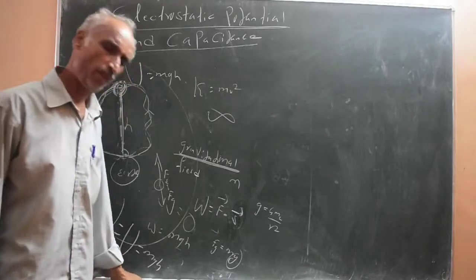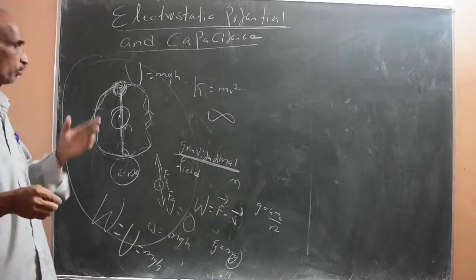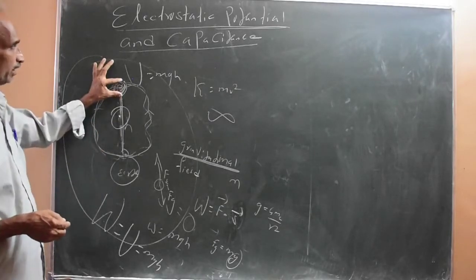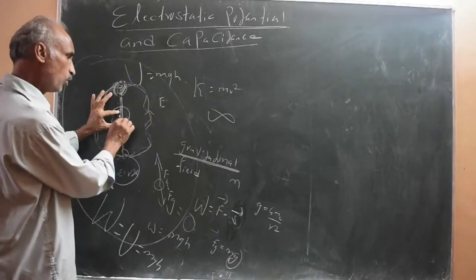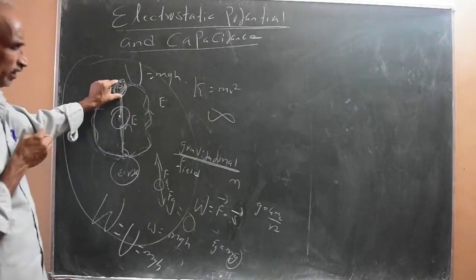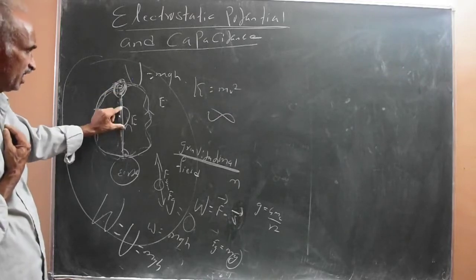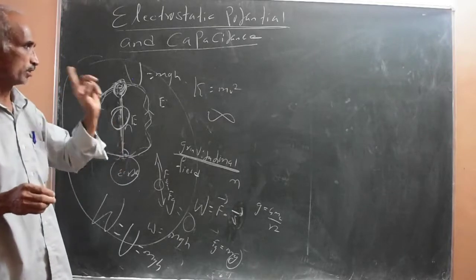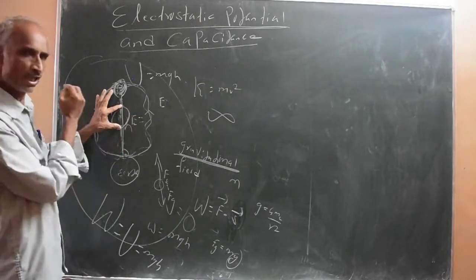But at any position, the total energy is constant. Total energy means potential energy plus kinetic energy is the same. At the maximum height, if the body is at rest, the total energy is all potential, with no kinetic energy. If it is released and is halfway, it is in motion, so it has some kinetic energy, and it is at some height from the earth, so it also has potential energy.